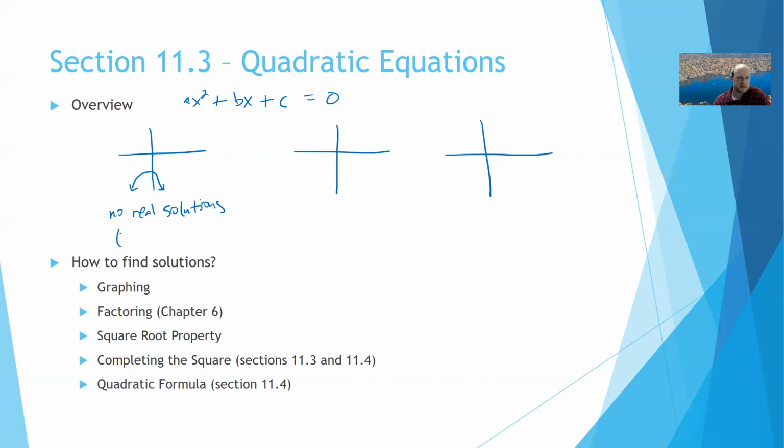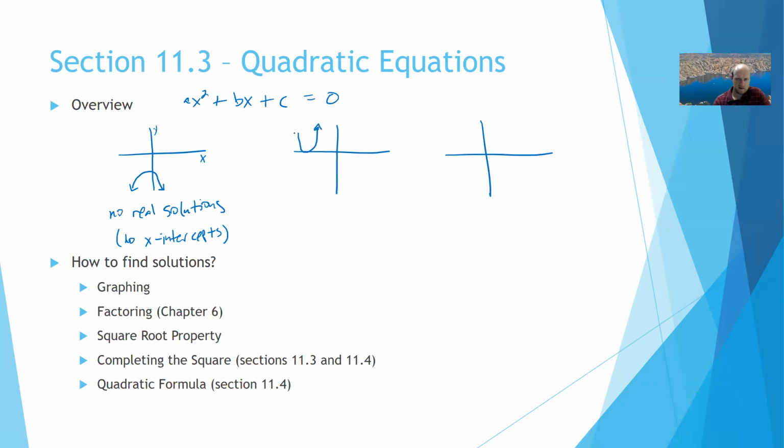So another way to say that it has no real solutions is that it has no x-intercepts. What does that mean? It has no point where this function crosses the x-axis right here. It doesn't cross the x-axis.